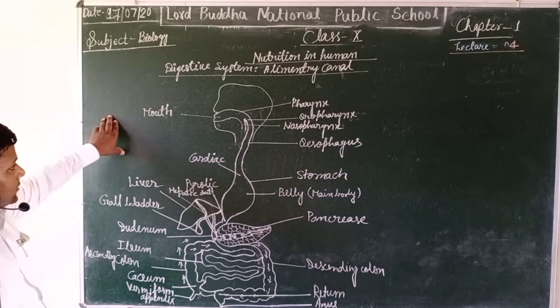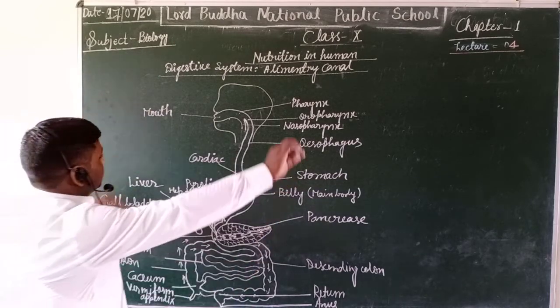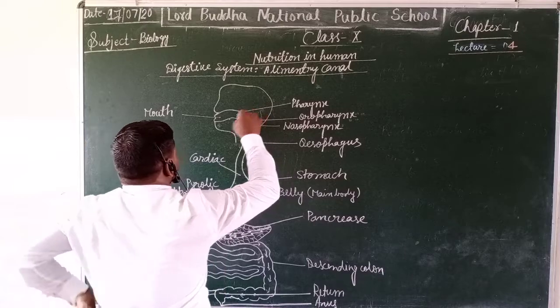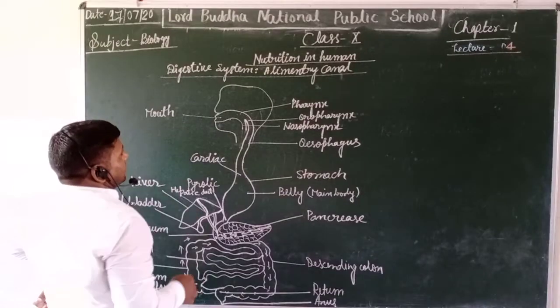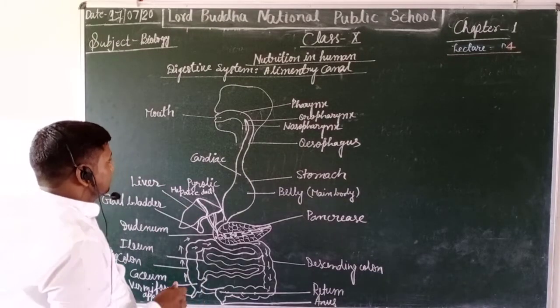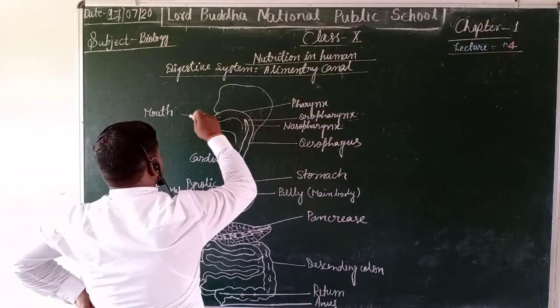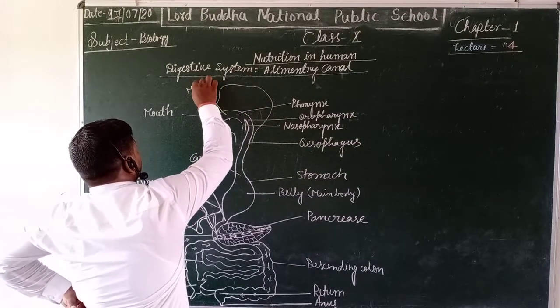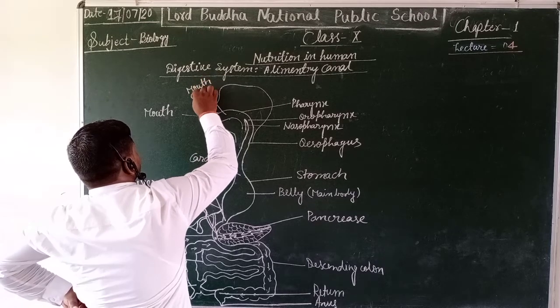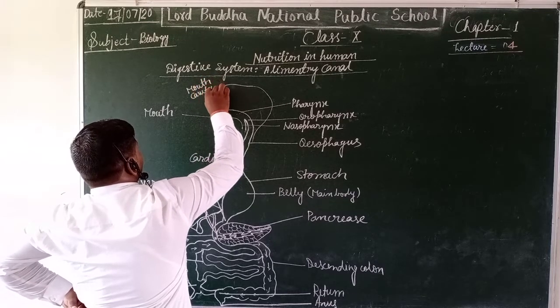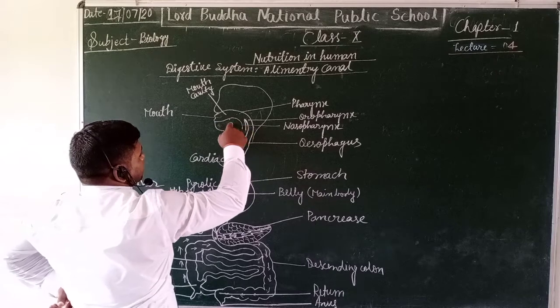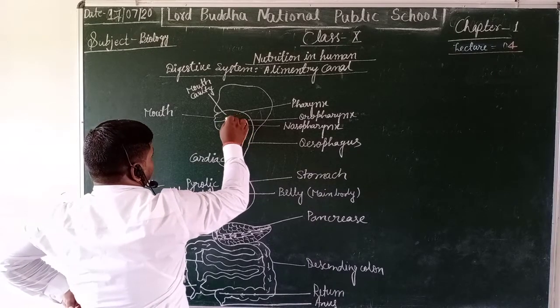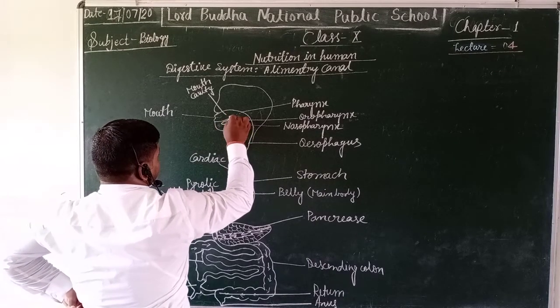Once again, students, I will explain to you about the alimentary canal of the human body. This is the mouth and mouth cavity or oral cavity, you can say. In the oral cavity or mouth cavity, there are three pairs of salivary glands present.